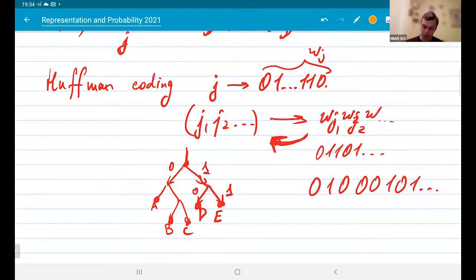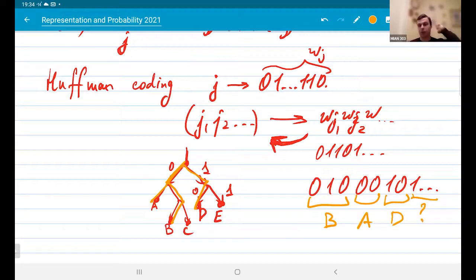So 0, 1, 0, and so I have B. Then I have 0, 0, and so I have A. And then I have 0, 1, which is D, and then I have something next, and I need more than this one to decide what the next letter is, and so on.